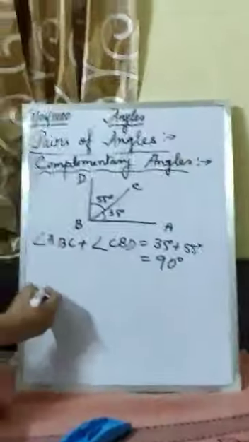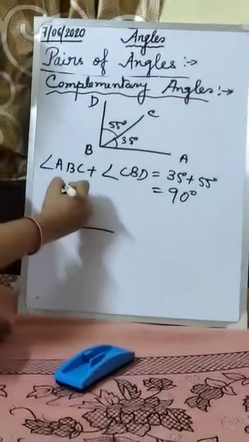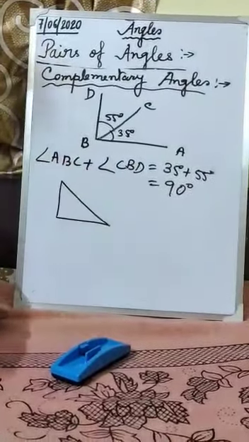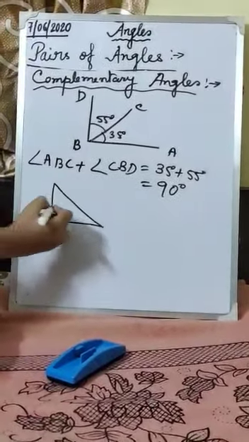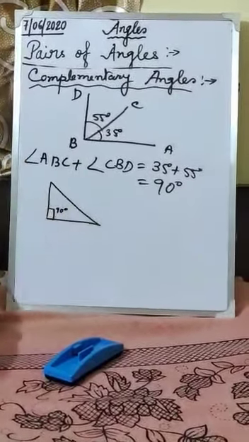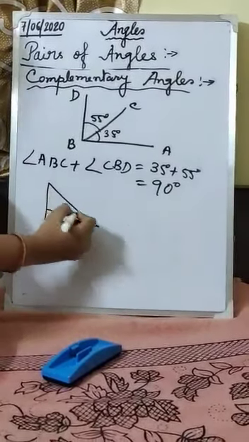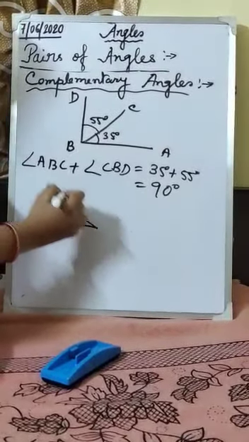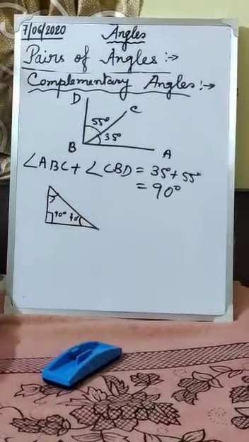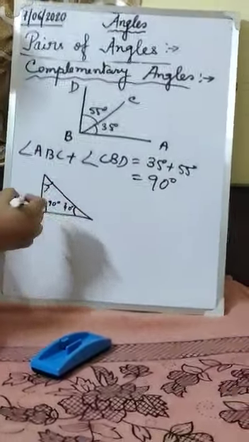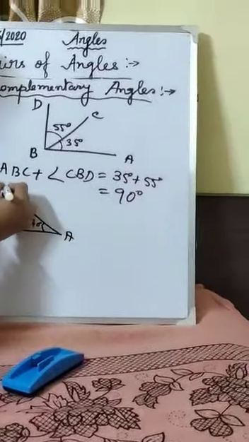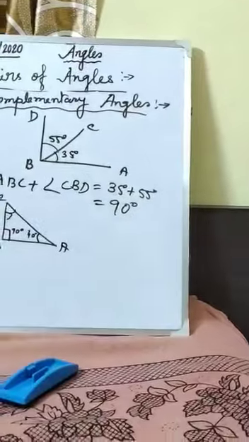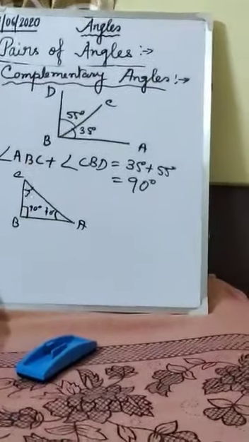Suppose you can say one more diagram, suppose this is a right angle triangle. We know that this is 90 degree. And this is suppose 40 degree. So what is the value of this angle? How do you find it? A, B and C. You know that the sum of three angles of a triangle is 180 degree.